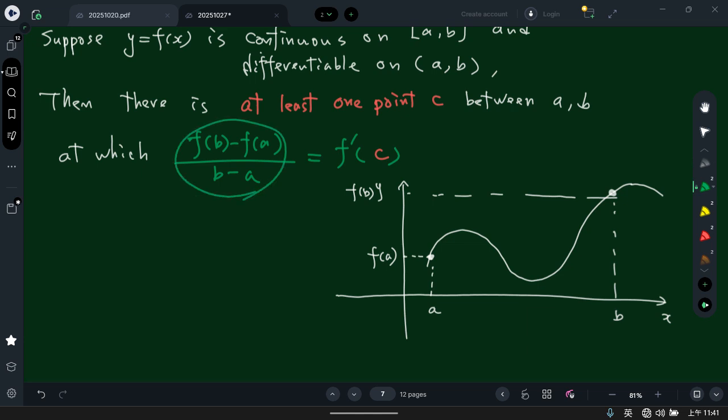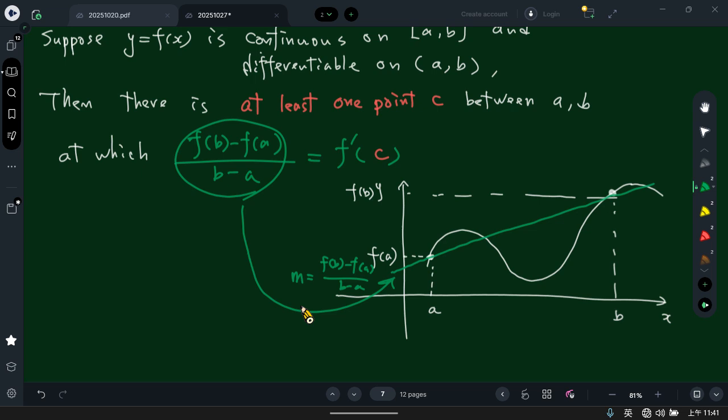This is about calculating the slope when we link these two points together. Did you notice that this is its slope, the slope for the line connecting these two points, A f of A and B f of B? When we connect them by using this green line, we get its slope like this.